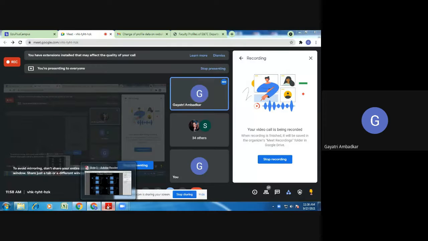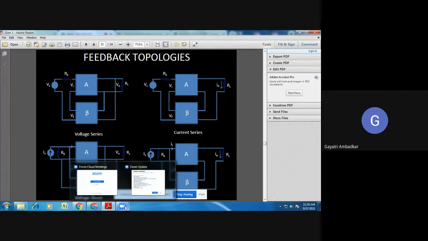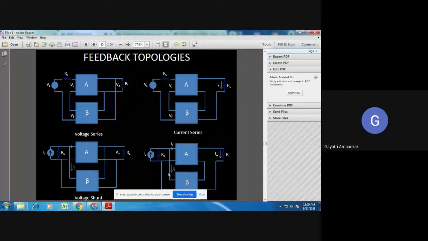Very good. Who is this? Rutuja. Okay, Rutuja, good. So we have seen that there are four types of feedback topologies: voltage series, current series, voltage shunt, and current shunt.